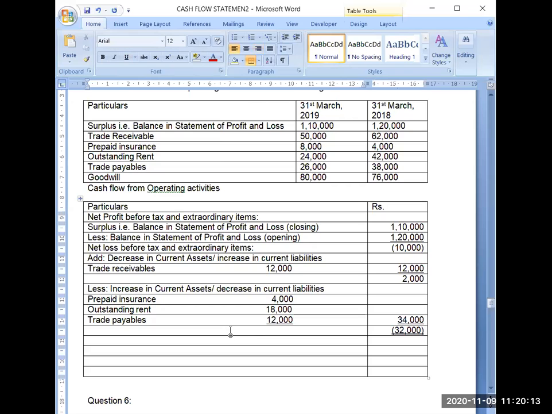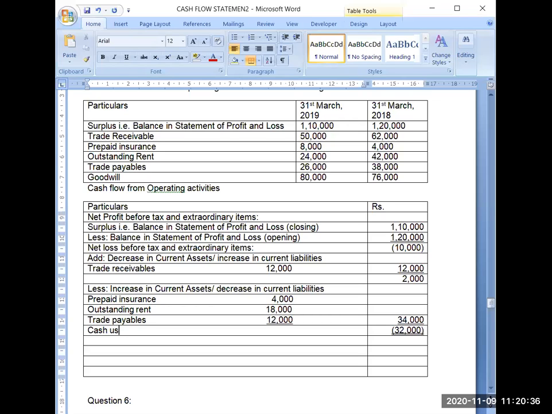And here I will write the answer, which will be cash. See, if it were a positive amount, it would have been a cash inflow, so we would have written here cash flow from operating activity. But because it is a negative amount, that means we have not received any cash. In fact, our cash is outflowing.